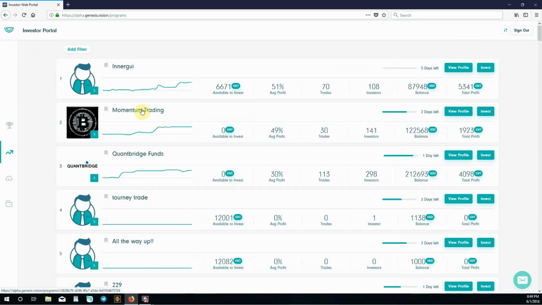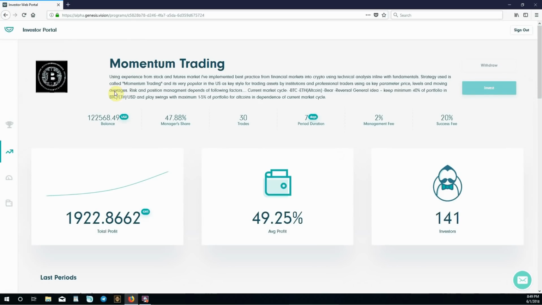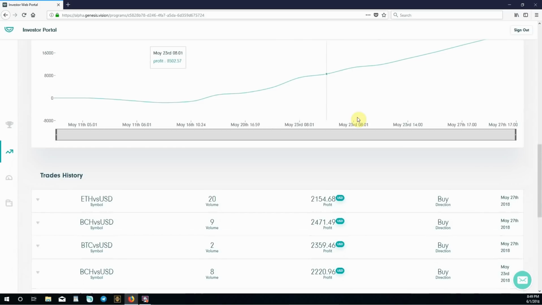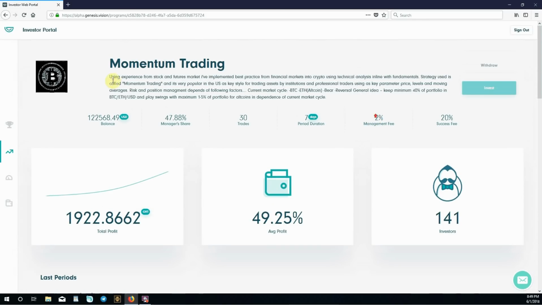So we like Momentum Trading. Let's check them out. Momentum Trading. This is their professional profile in the Genesis Vision platform. What you want to do when you first go onto this page is read an investor's bio, because this is going to tell you about their experience, whether they've been in Forex or stocks or just cryptocurrency.